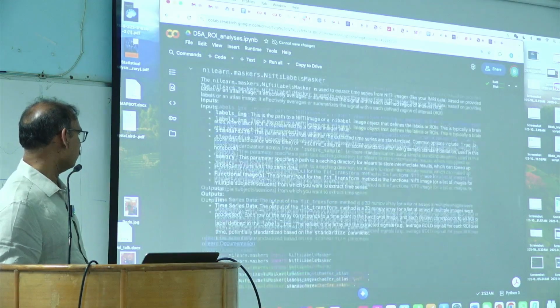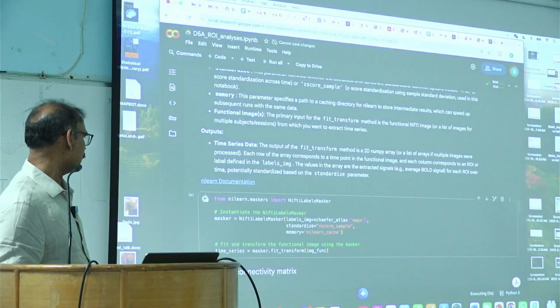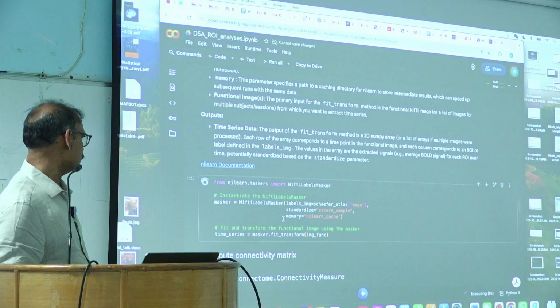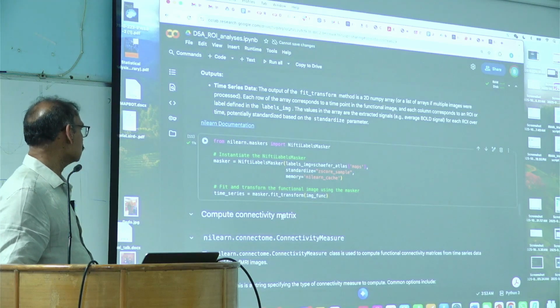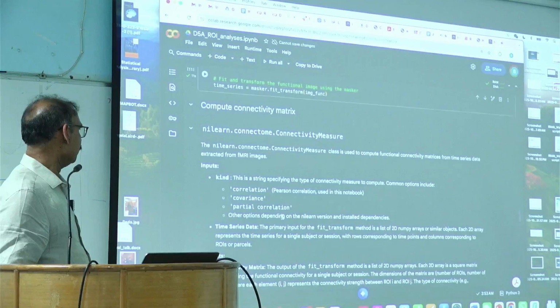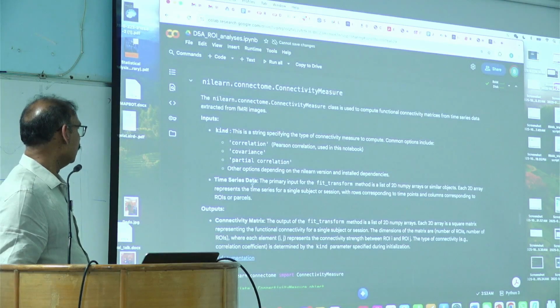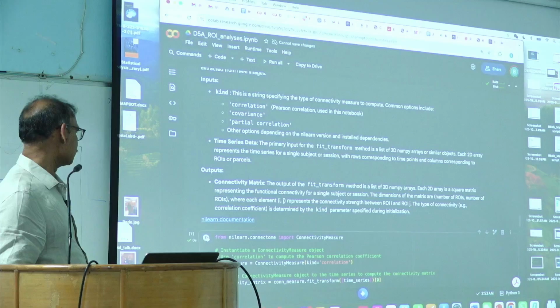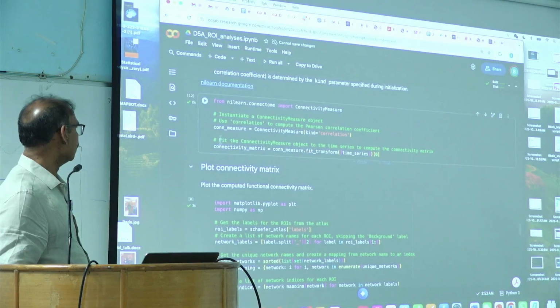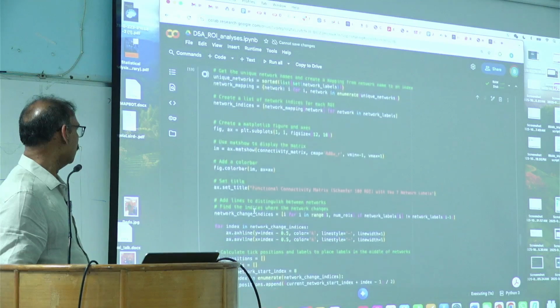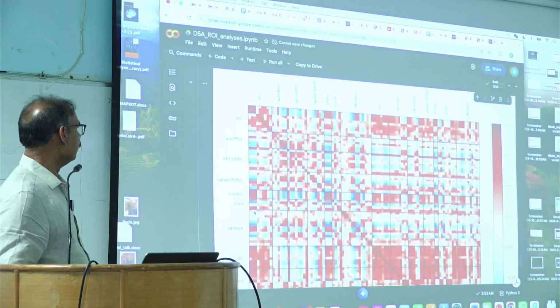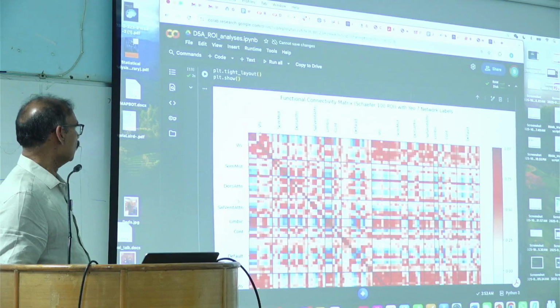Here you compute, and then you are looking at the correlation structure, right? The correlation matrix is identified, and then it generates this correlation matrix.